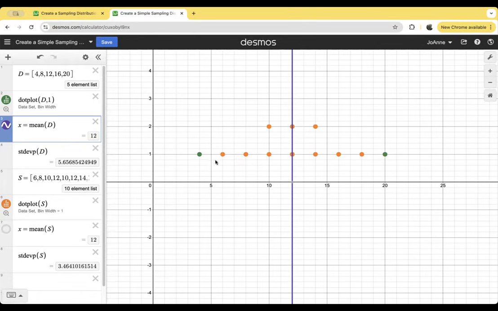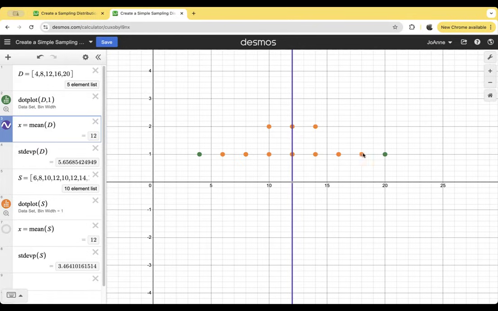So notice that the orange dots span from 6 at the lowest to 18 at the highest. And these up here are there because there are two 10s in the list of sample means, there are two 12s, and there are two 14s, so we have two dots.